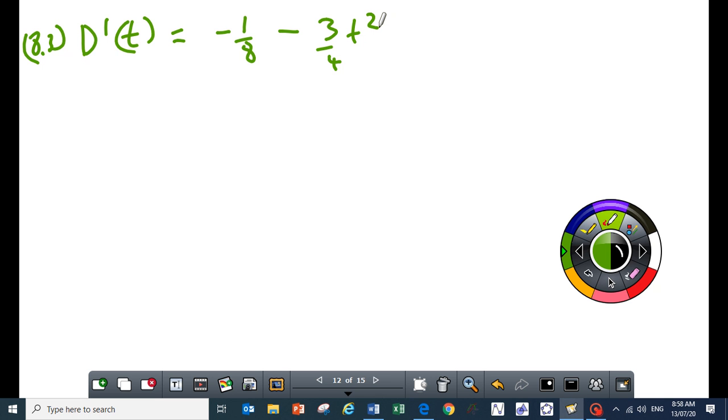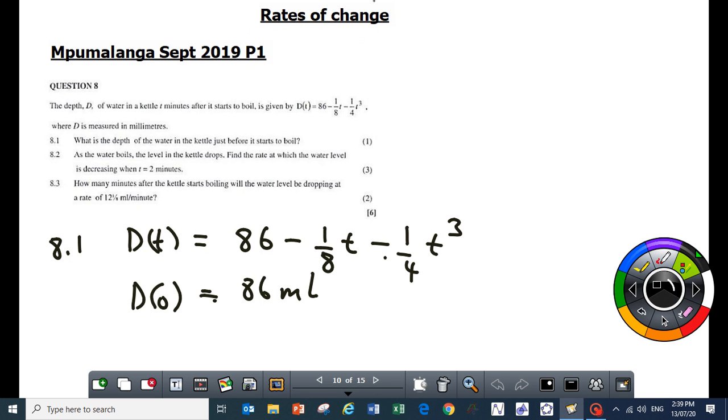Okay? Right, we'll carry on later. Earlier in the morning the question was for d prime of t for question 8.3, are we supposed to put a value for the rate which is negative or which is positive? Remember the gradient of a quadratic function can be positive or what? Negative.